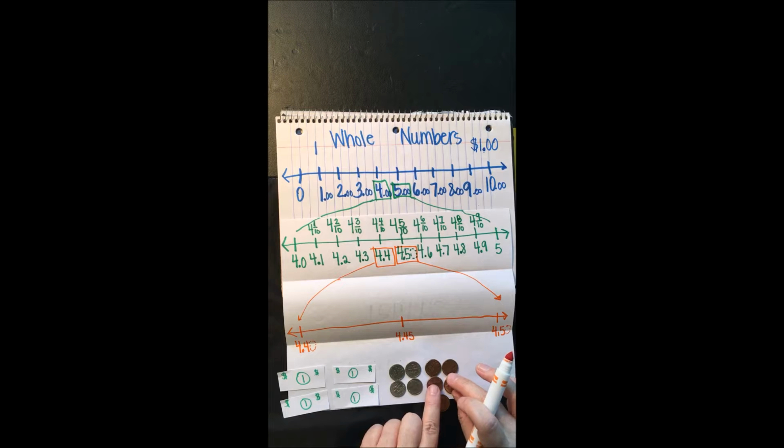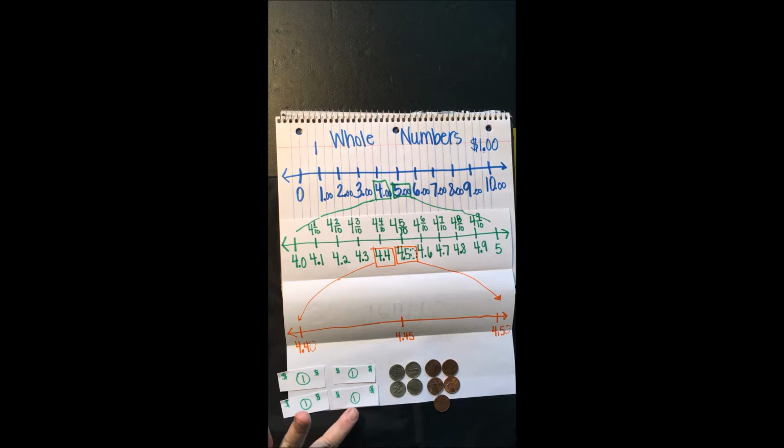And then we're talking about pennies because it takes 100 pennies to make 1 whole dollar. So we usually really understand this, that here I'm representing $4, 1 whole, 1 whole, 1 whole, 1 whole, 4 wholes, and 4 dimes and 5 hundredths or 5 ones or pennies. So the students usually understand that.